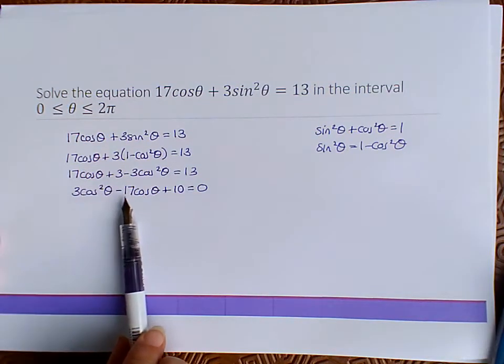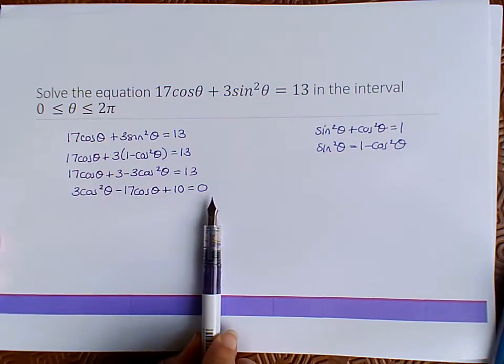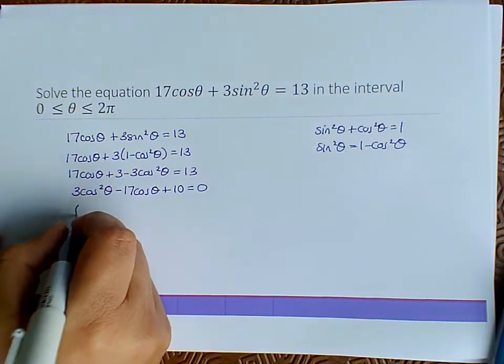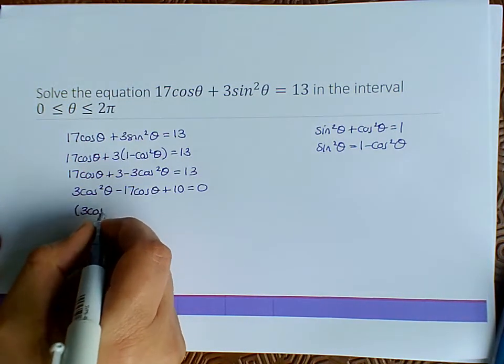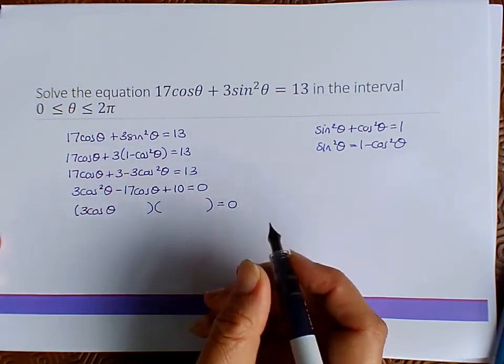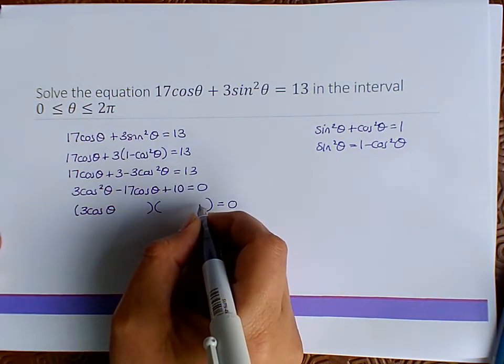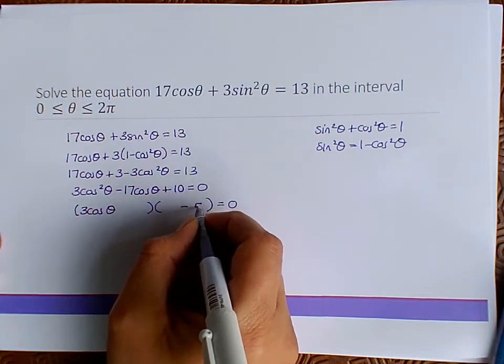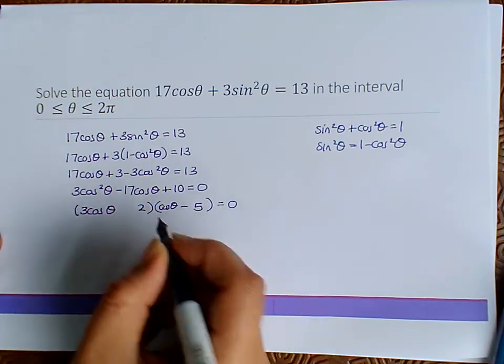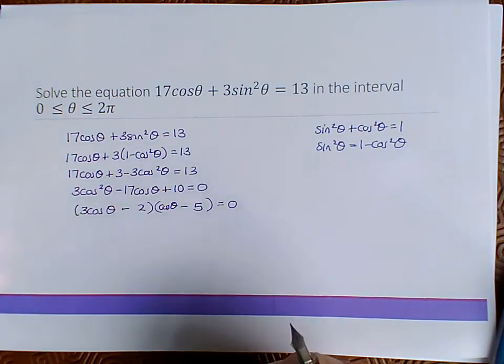So here we now have our quadratic, which we need to factorise. Now remember, you can use your calculator to factorise this, which is absolutely fine. Just looking at it quickly myself, I'm going to make that -5, that 2, this cos theta, and that also negative.